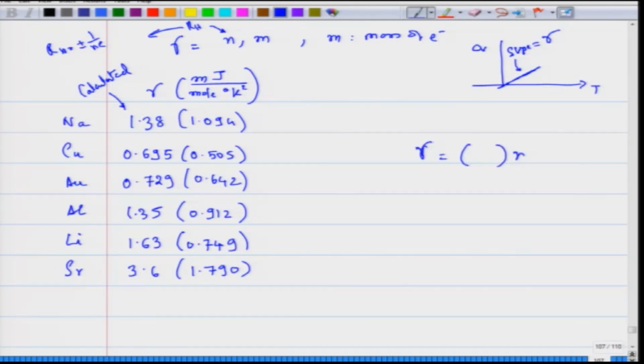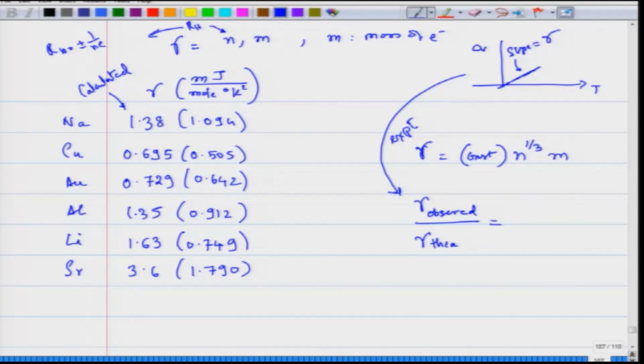some constant times n raised to 1 over 3 times m. So, if you take the ratio of the observed value, which you are getting from an experiment, to the theoretical value, assuming that n is the same, the density is the same whether you are using it for an experiment or for theoretical calculation, the density is not different.